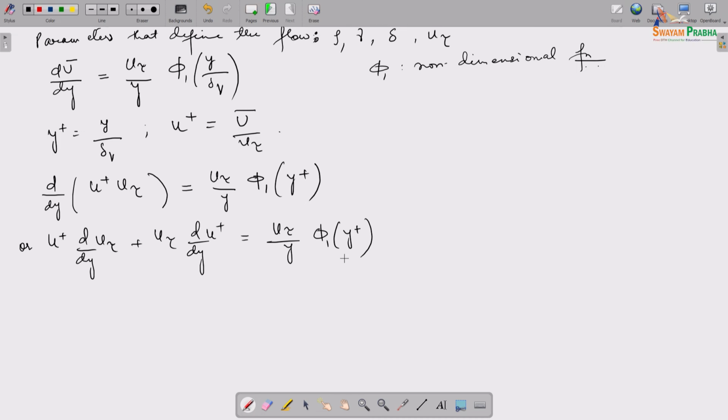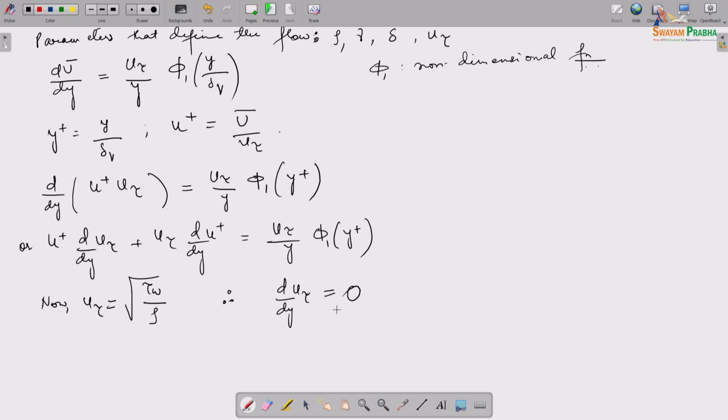Now, u tau is actually a function of tau wall. So we are taking the variation of tau at the wall, which is basically taking d dy of tau wall, and this is equal to 0, right?